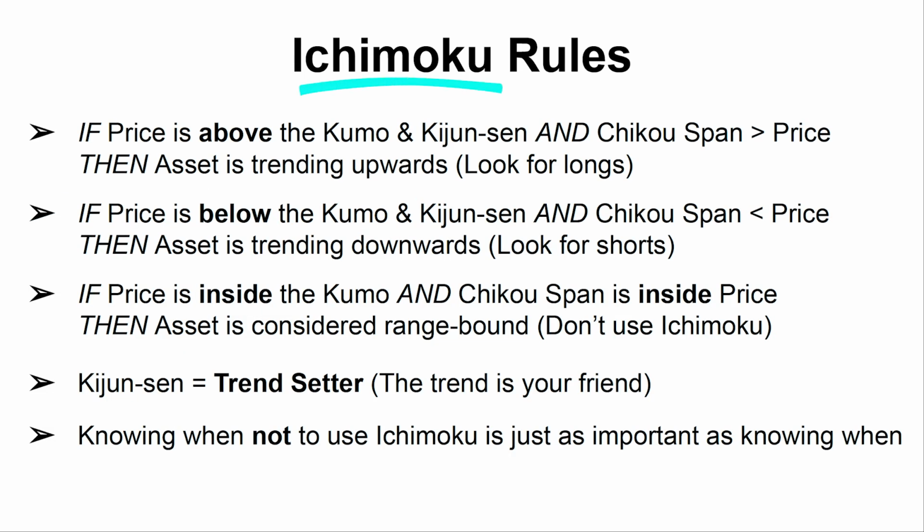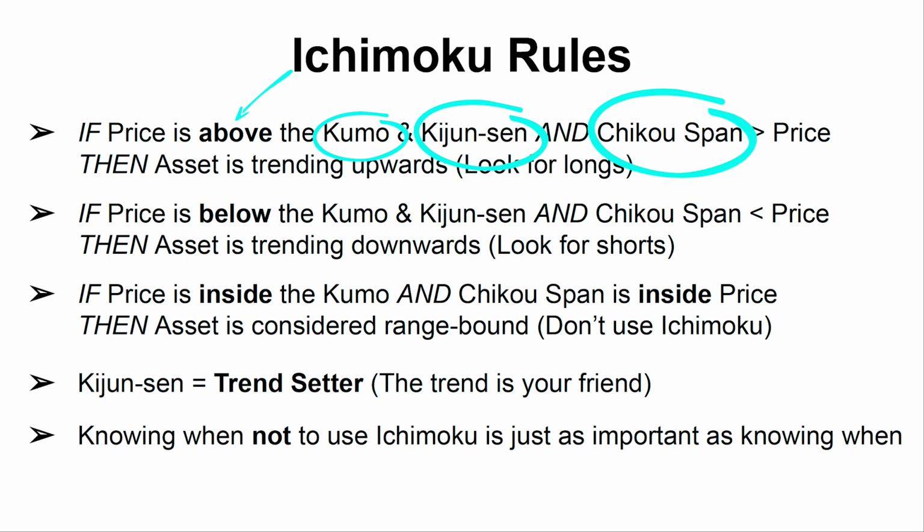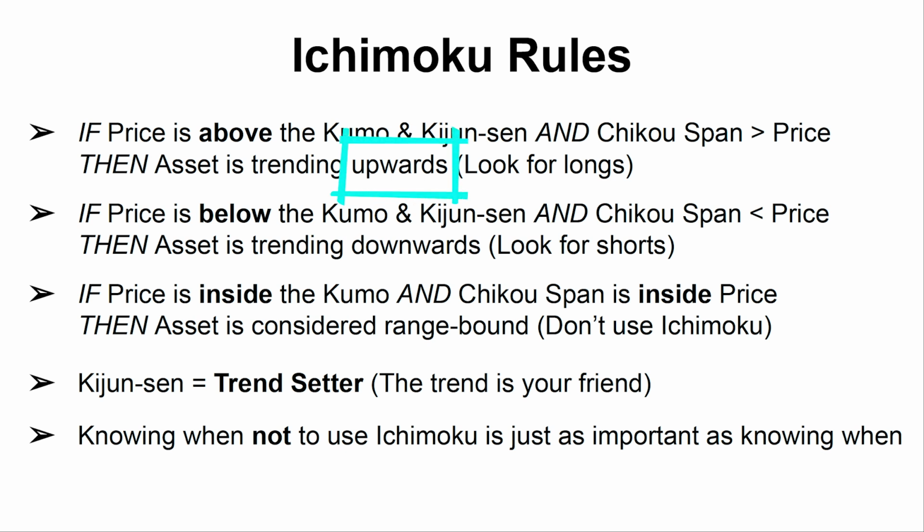Remember, Ichimoku is a trend identification system. Depending on price's position in relation to Ichimoku, we'll want to take long or short positions. So the first rule is that if price is above the Kumo, as well as the Kijun-sen, and the Chikou span or lagging span is above price, then we can assume the asset is trending upwards and we'll want to look for long opportunities.